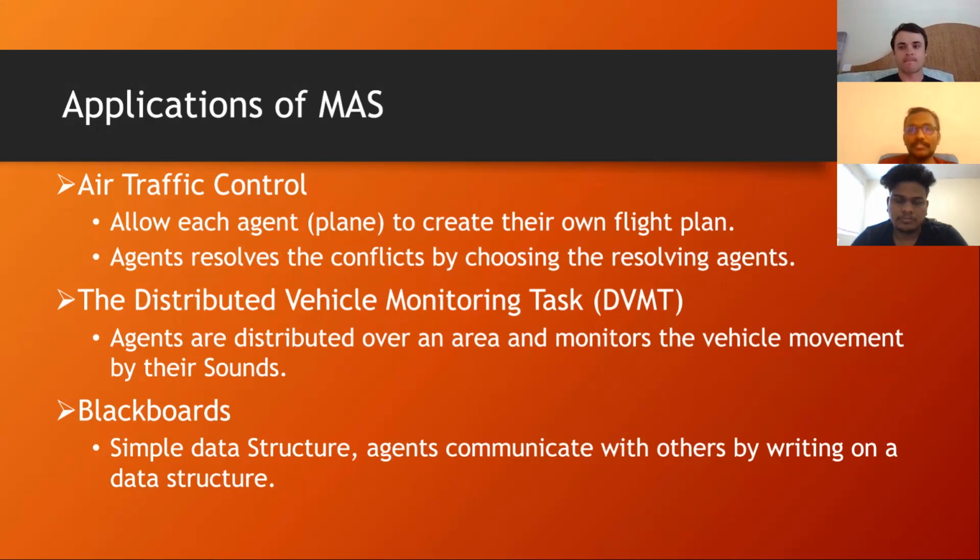It shares the data with the other agents to monitor the vehicles which are traveling, to have a safe ride. And blackboards are simple data structures where the agents write their data and communicate with each other by writing onto the data structures which are already designed in the systems.